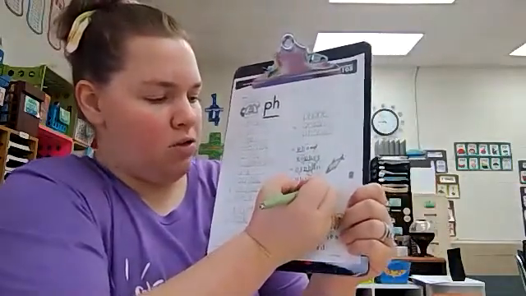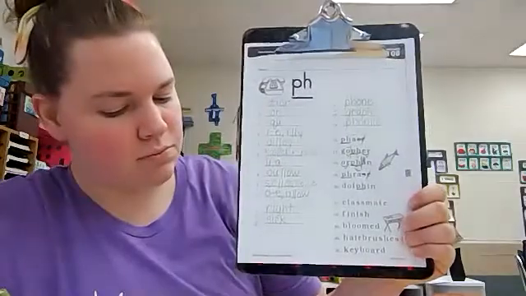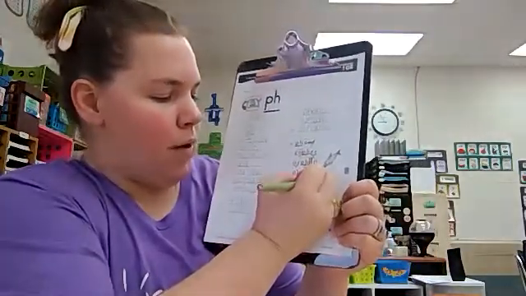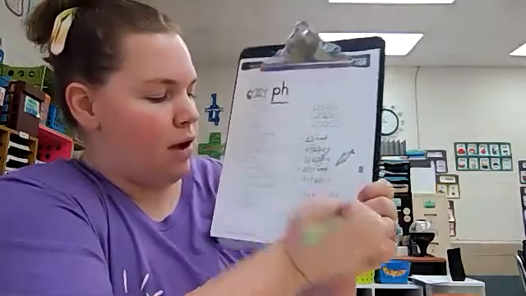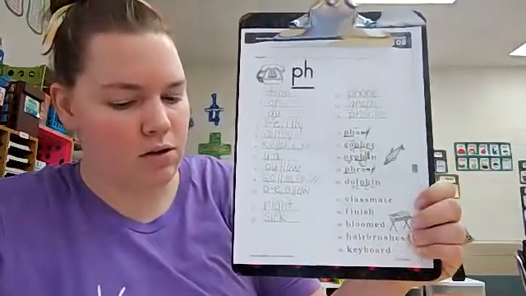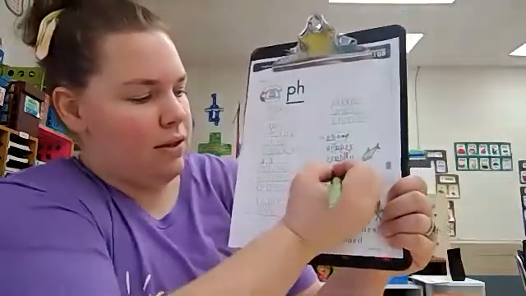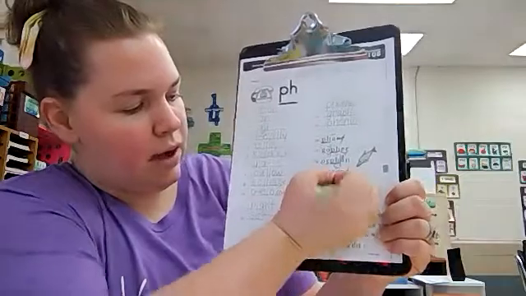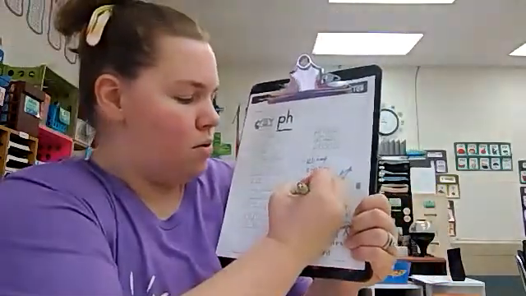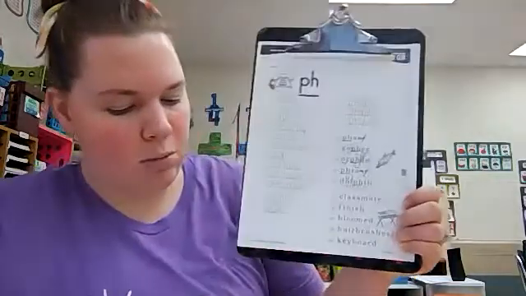Underline digraph PH in number 20. This time we have vowel O and vowel I. We have consonant L, and then PH is acting as one consonant since it's underlined together. This is a VCCV pattern, so we'll divide between the C's. The O is closed in, it'll get a breve.